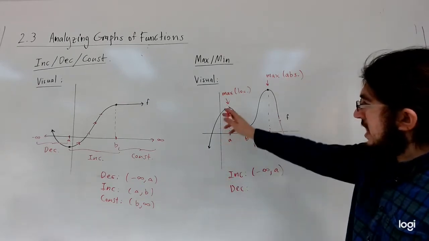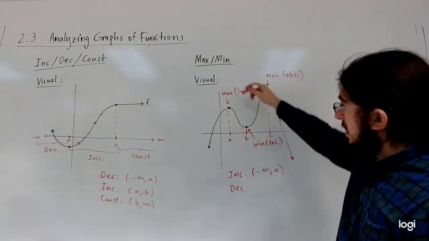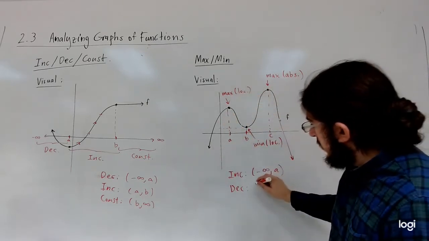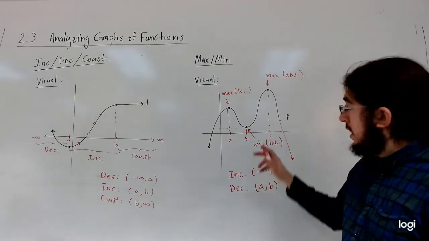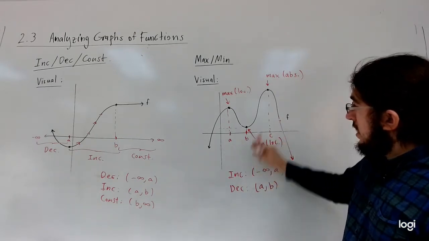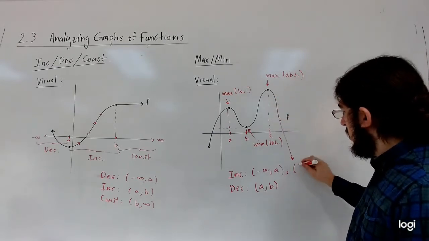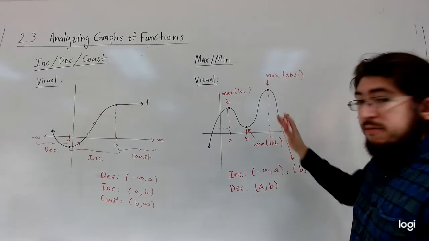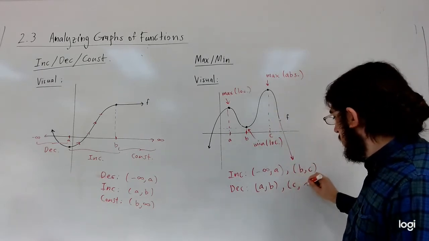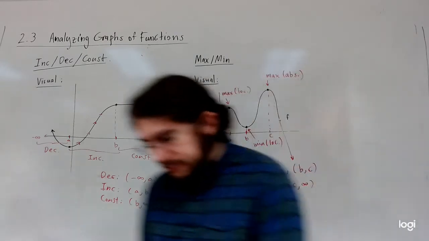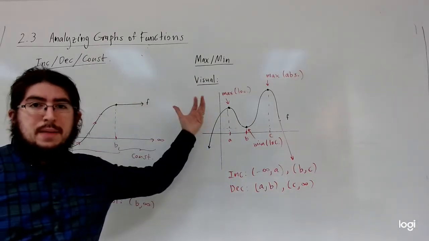Then it is decreasing from a to b. But hold on, as soon as we go from b to c, it starts increasing again. And then from c to infinity, it seems to be going back down. So just some example relating this idea of increase, decrease to what a max and min is.